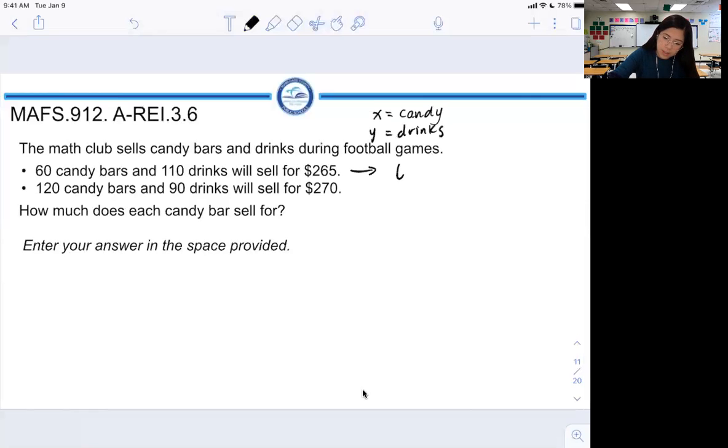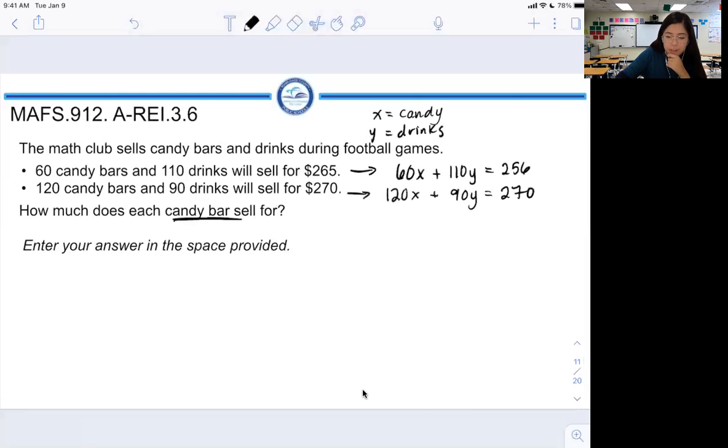So this would be 60x plus 110y equals 256. And here we have 120x plus 90y equals 270. And we want to know how much each candy bar sells. So we want to know the value of x.